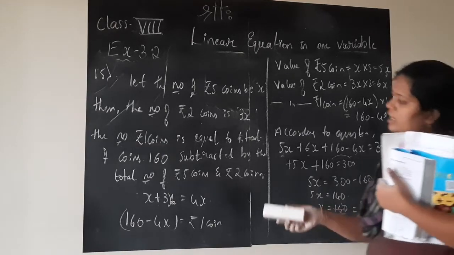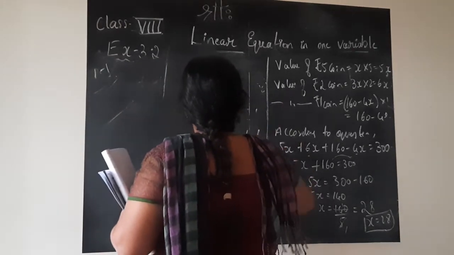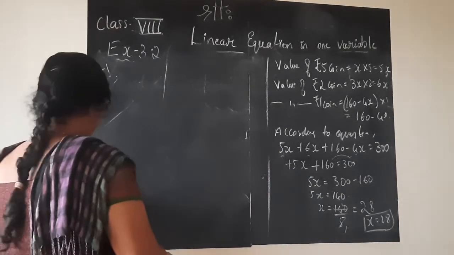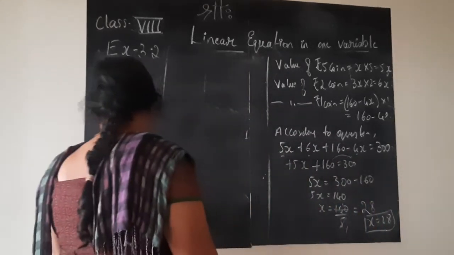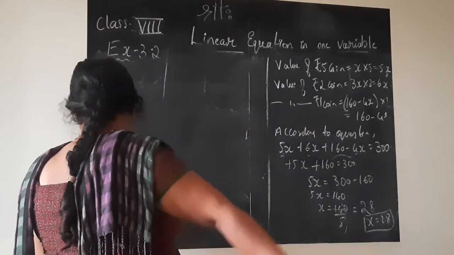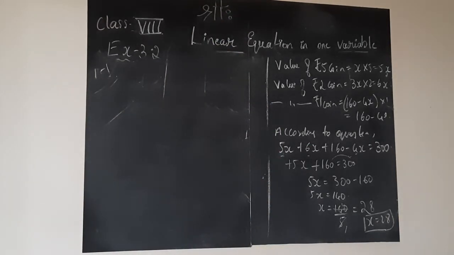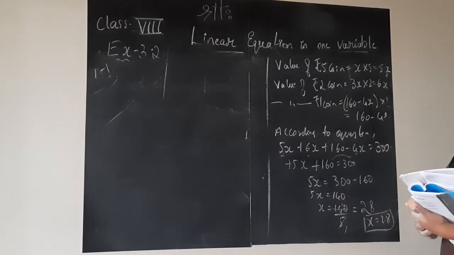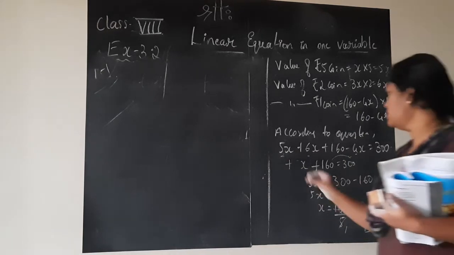So x is 28. I'll clean this part so that we can find the denomination of each coin here. Plus 11 minus 4 is 7.